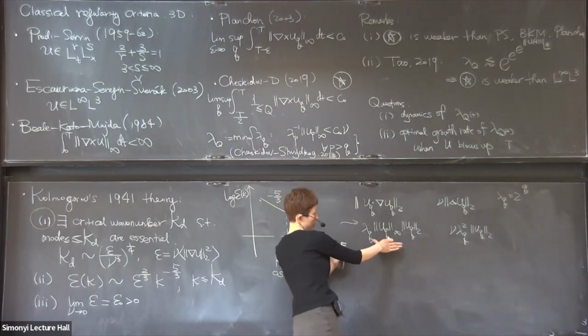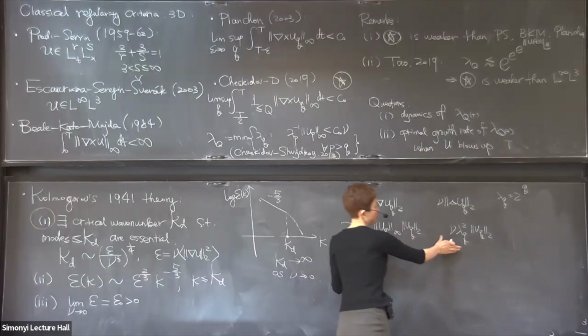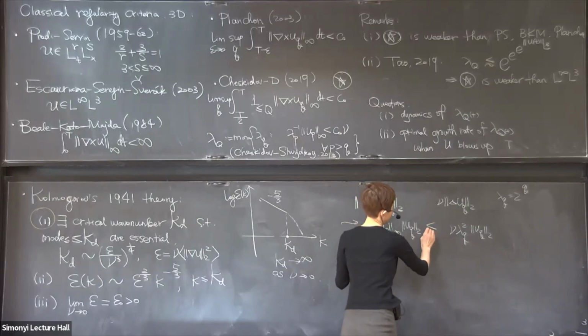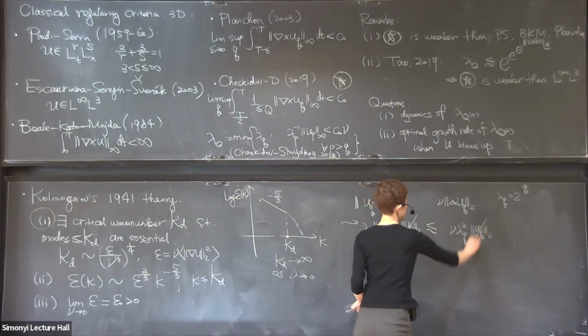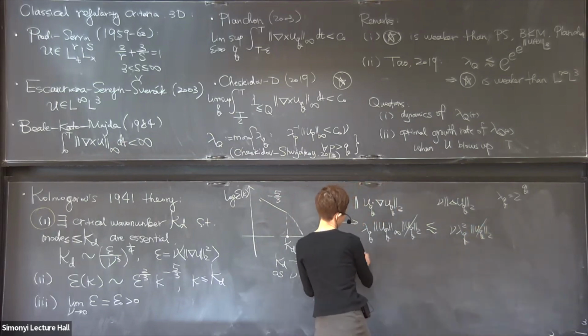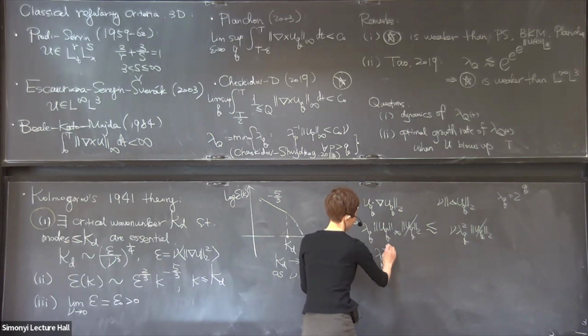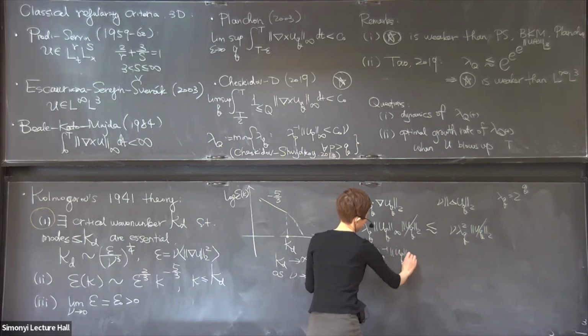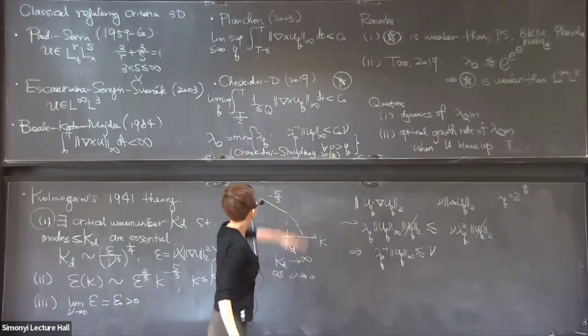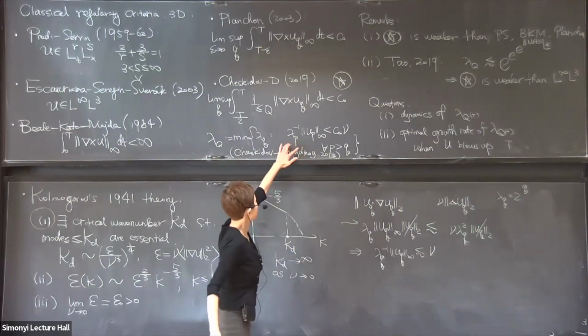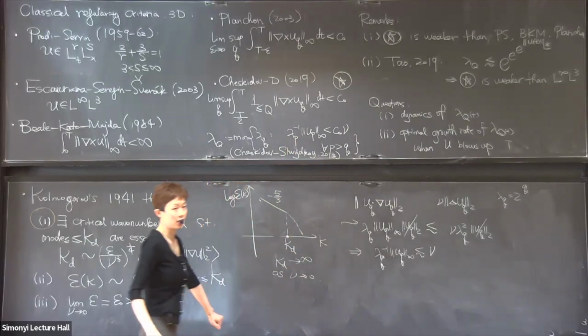Say we want the nonlinear term to be dominated by the linear one, so we want the inequality in this direction. Then let's cancel this, and that gives us exactly the quantity that appeared in the definition of the wave number.